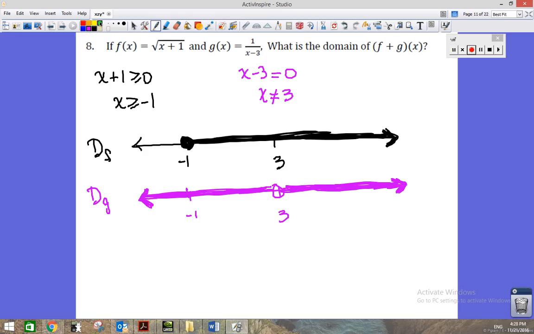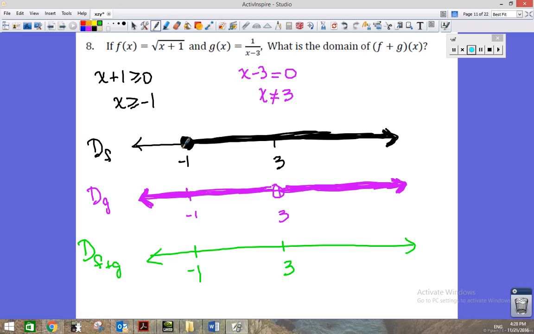So to be in our answer of this new function that you get by adding them together, to find the domain of f plus g, we intersect the domain of f and the domain of g. To be in this intersection of the two sets, you have to be in both sets.